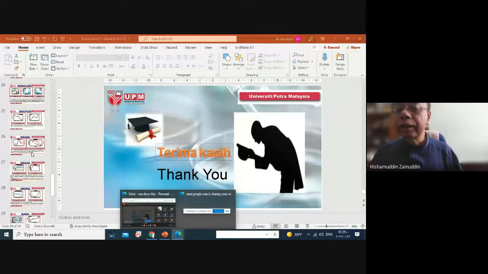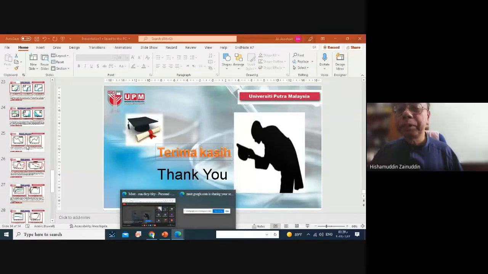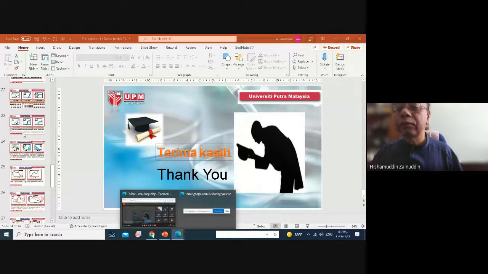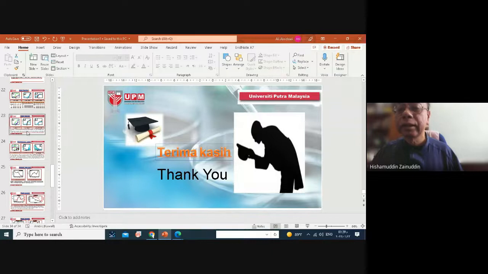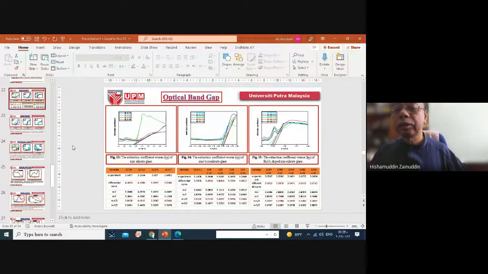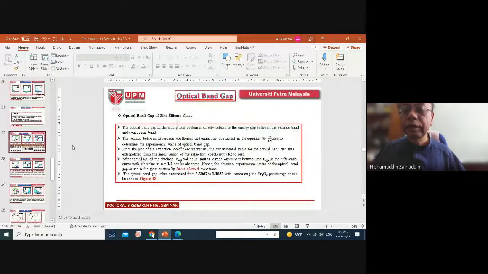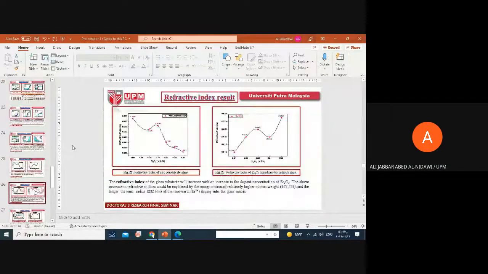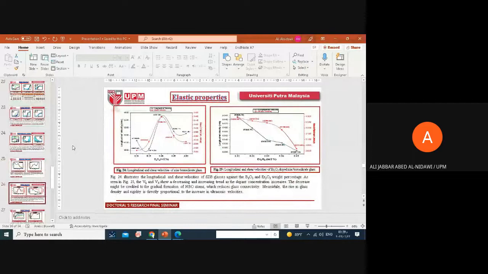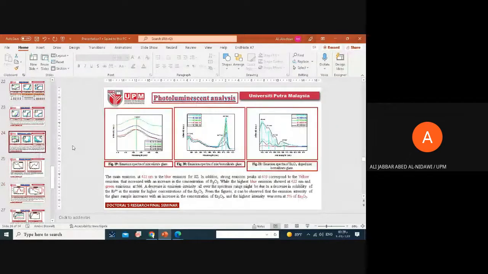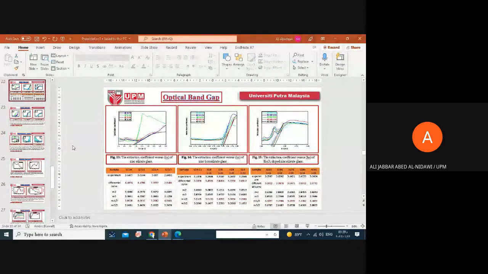It was recommended in PL peak analysis to do deconvolution rather than directly extract the position of the highest peak intensity. I am not sure about that. Okay, Doctor, I will try to discuss this first with my supervisor, and after that I will decide. Okay.